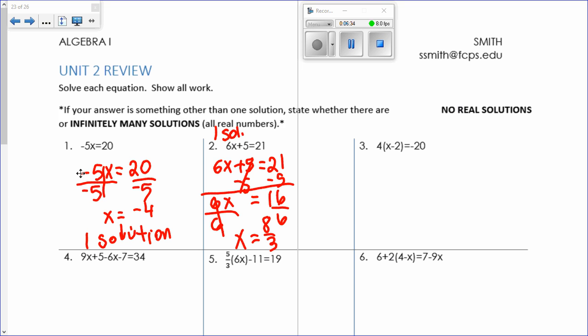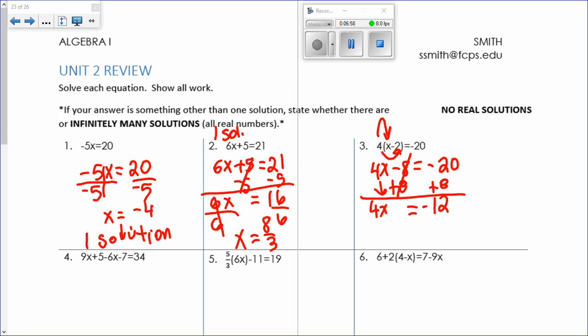Number 3, you're going to distribute first. So 4 times x is 4x, and 4 times negative 2 is negative 8, equals negative 20. You add 8 on both sides. You get 4x coming down, that part going away, equaling negative 12.